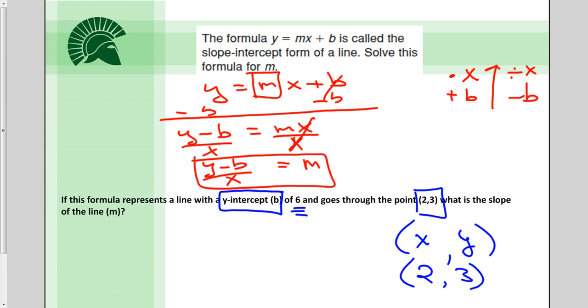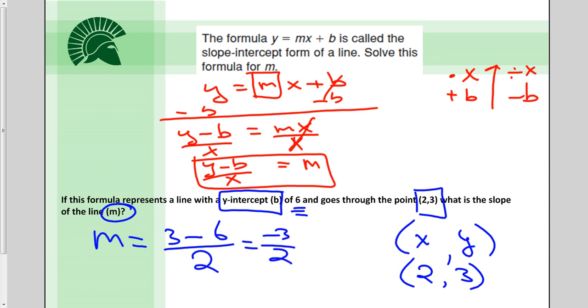The y-intercept, which is the b value, is 6. And so m, which is what I'm looking for, is equal to y, which is 3, minus b, which is 6, over x, which is 2. And so I end up with 3 minus 6 is negative 3 divided by 2. So I get negative 3 over 2, or negative 1 1/2, for my slope.